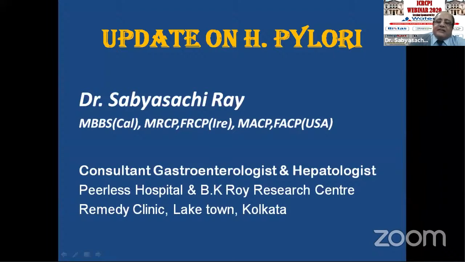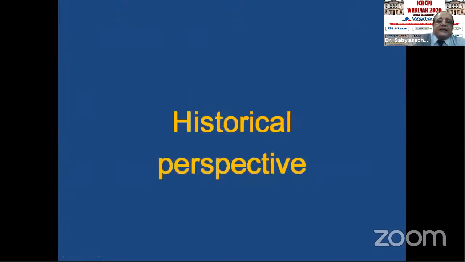And I'm fascinated by this story of the invention of this particular organism, and cannot help sharing with you. So bear with me for a few minutes, and it's very interesting. And let's have the first slide on that. Historical perspective of the Helicobacter pylori.